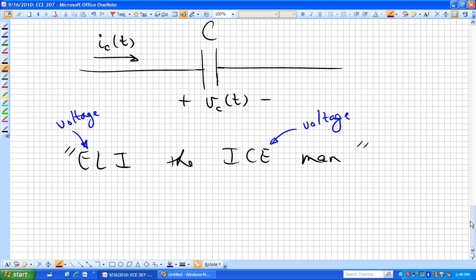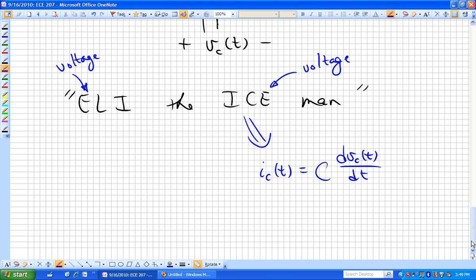We'll be dealing with the voltage. But in this case, what I'm saying is ICE is now I sub C, that's our current, is equal to this constant C, and then I differentiate the next variable, which is the voltage, E. So that's dV sub C dt.